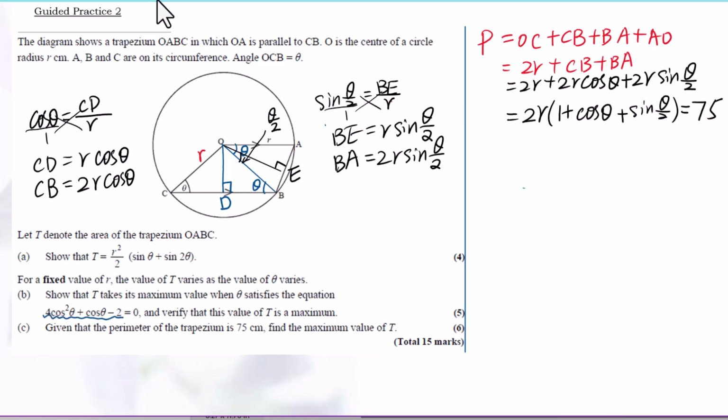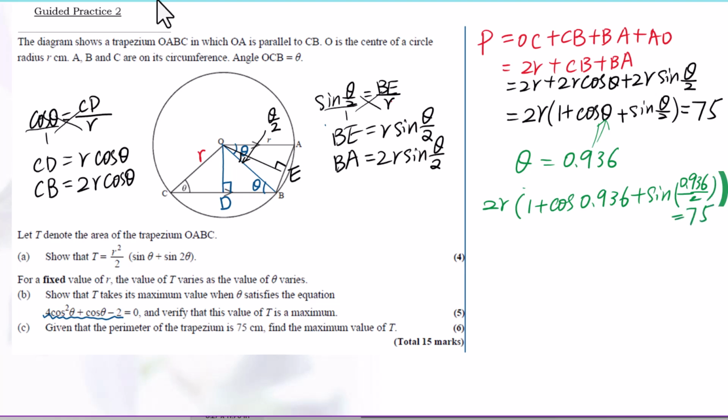From B, we already got this theta equals 0.936. We plug in to this equation. 2R times 1 plus cosine 0.936 plus sine 0.936 over 2 equals 75.